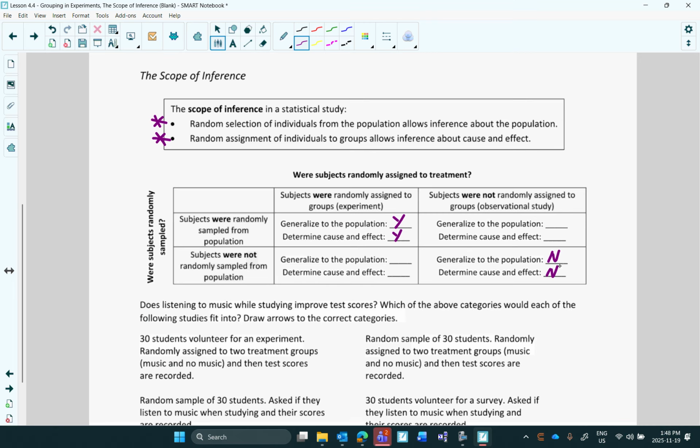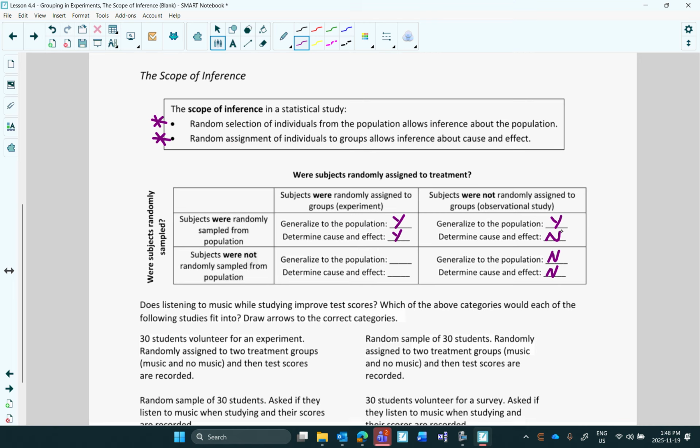How about this one? They were randomly sampled from the population, but they weren't randomly assigned. Can I generalize to the population? Yes, because of this. Can I make a conclusion about cause and effect? No, because of this. And then this would be the opposite here.